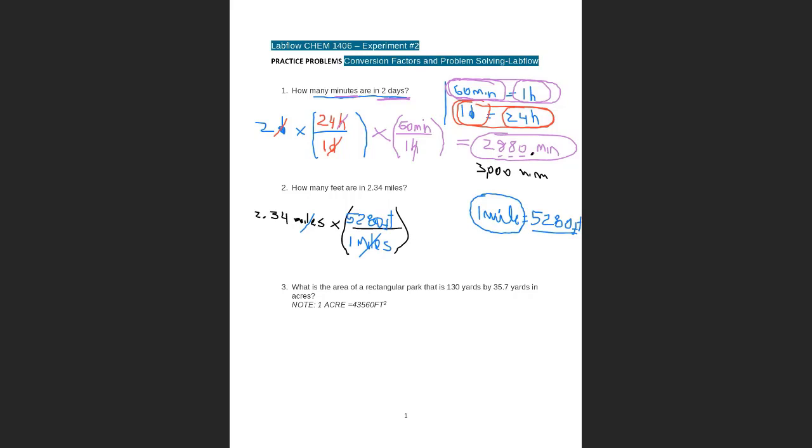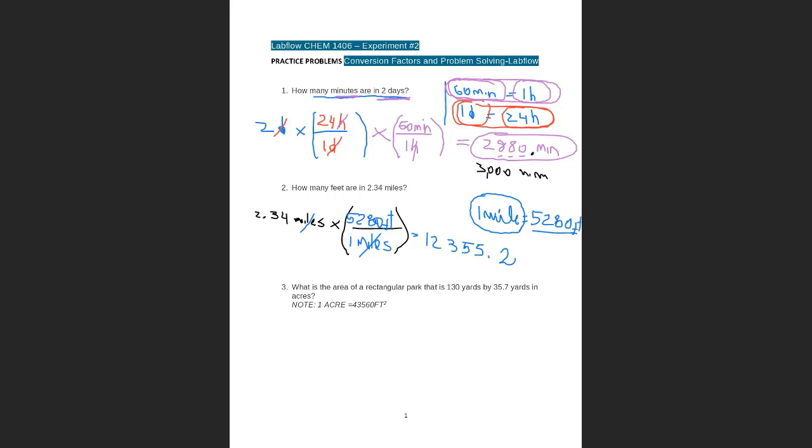Very good. So the answer for this question, if I plug in the calculator, is 12355.2. Now I'm asking you, how many sig figs does my answer have to have?